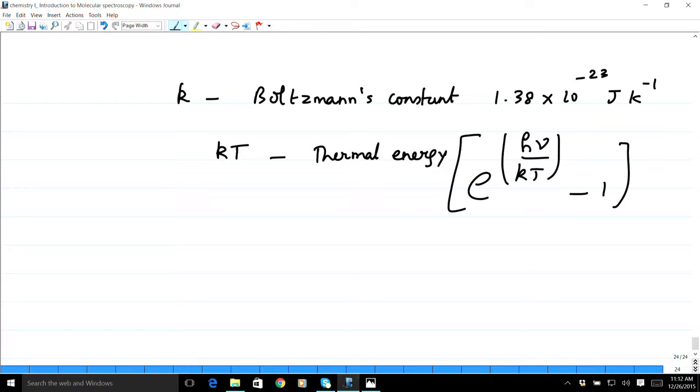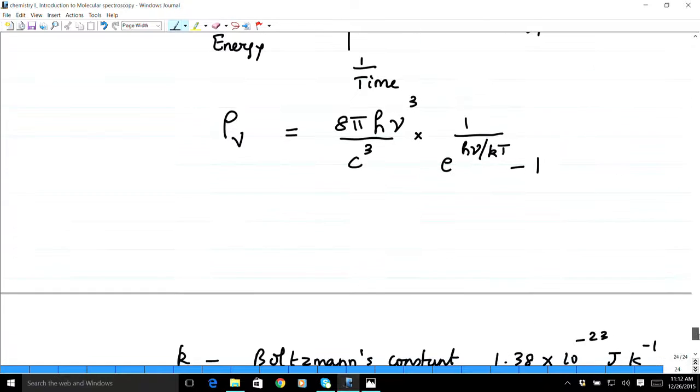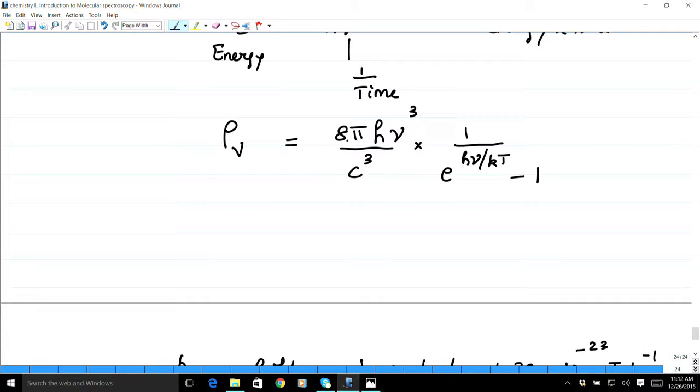Okay. Now, if you look at this formula carefully, rho nu is 8 pi h nu cube by c cube. Of course, this factor h nu by kT is dimensionless because it is energy divided by energy.